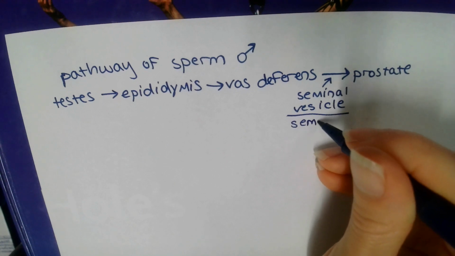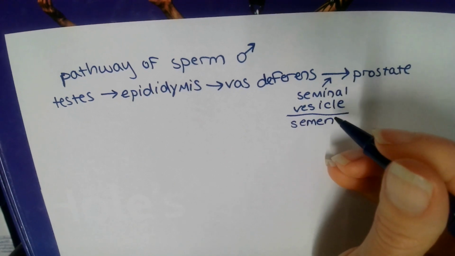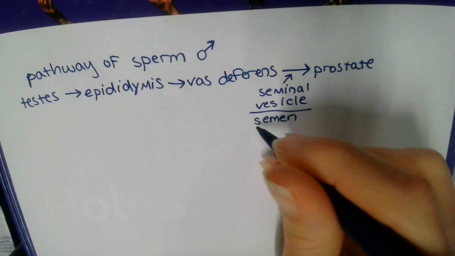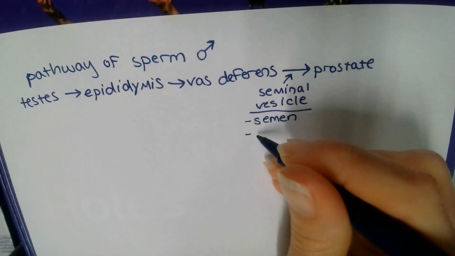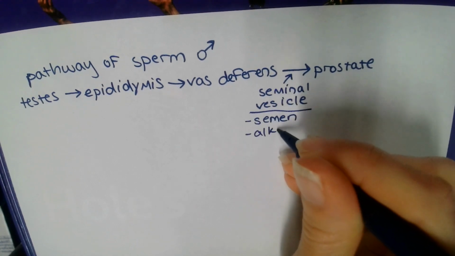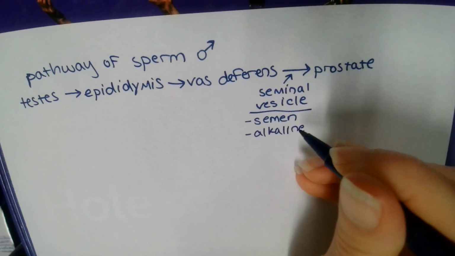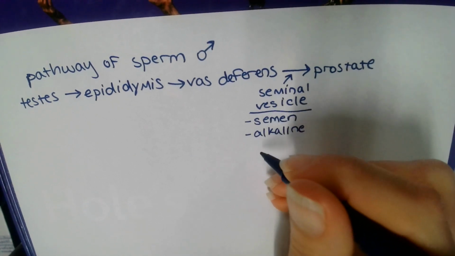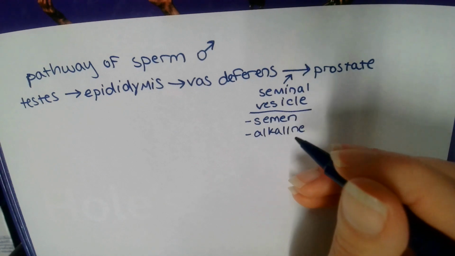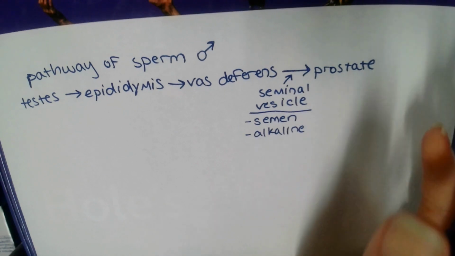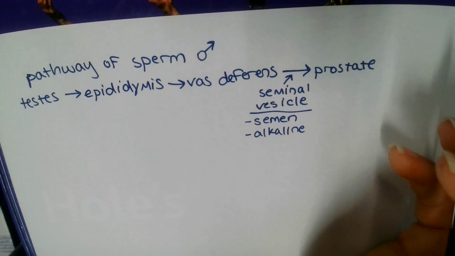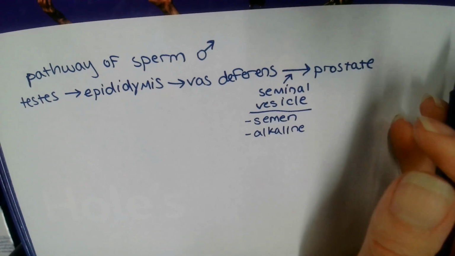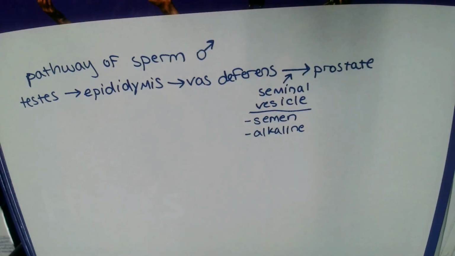Sperm is not semen, semen is not sperm. And the important thing to know about that is it contains alkaline ions to protect the semen from the acidic penis and vagina. Also, nutrients such as fructose in order for the mitochondria in the tail of the sperm to make ATP.